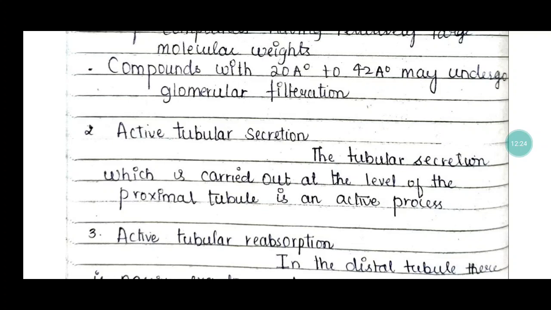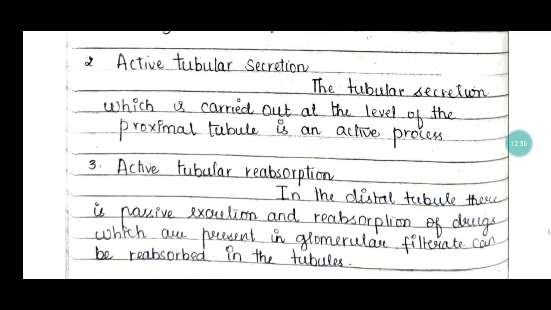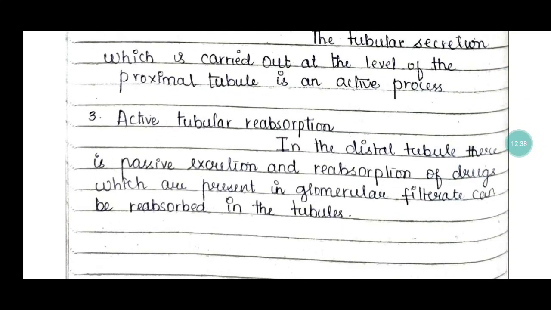Number 2, active tubular secretion, which is carried out at the level of the proximal tubule as an active process. And number 3, tubular reabsorption. In the distal tubule, there is passive excretion and reabsorption; drugs present in the glomerular filtrate can be reabsorbed in the tubules.